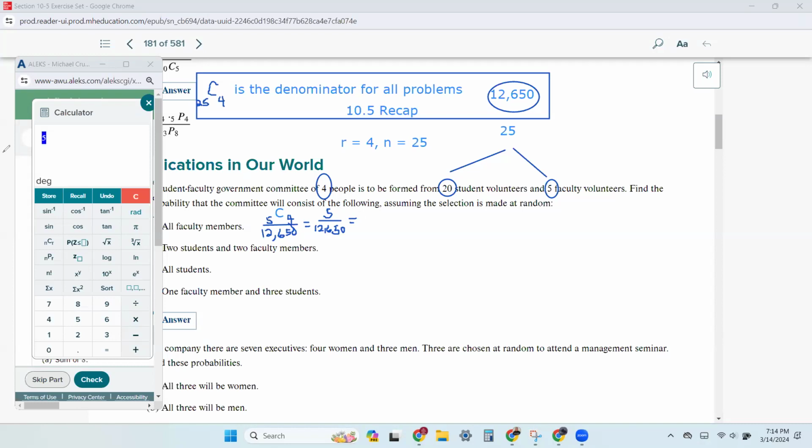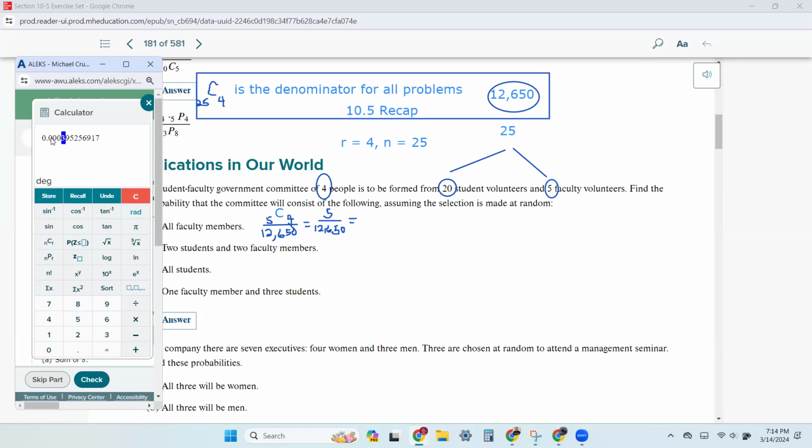So this is going to be 5 divided by 12,650. We're rounding off to the fourth decimal place, because that's the first one we can.